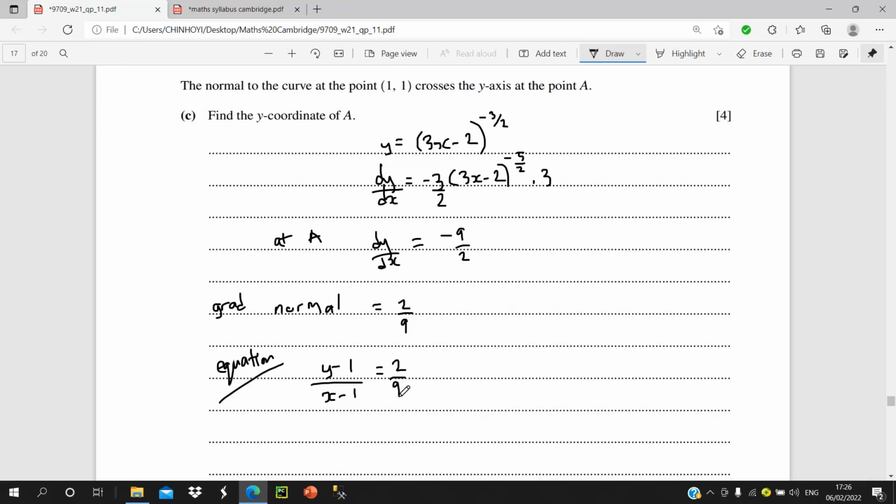So we only need the y coordinate of A here. So here we are going to say y minus 1 is equal to 2/9, then x minus 1.